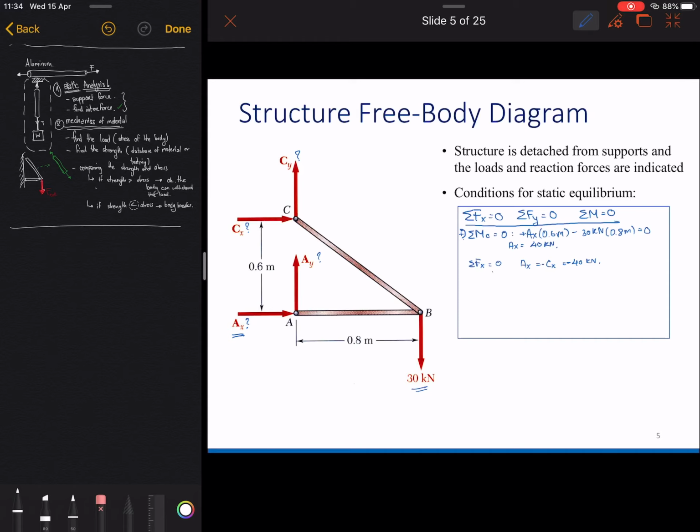Because we have Ax plus Cx equal to 0, and then it becomes negative when we switch the sign. Means in this case we have to switch the direction of the Cx here, because instead we have this as a negative direction of 40 kilonewtons.